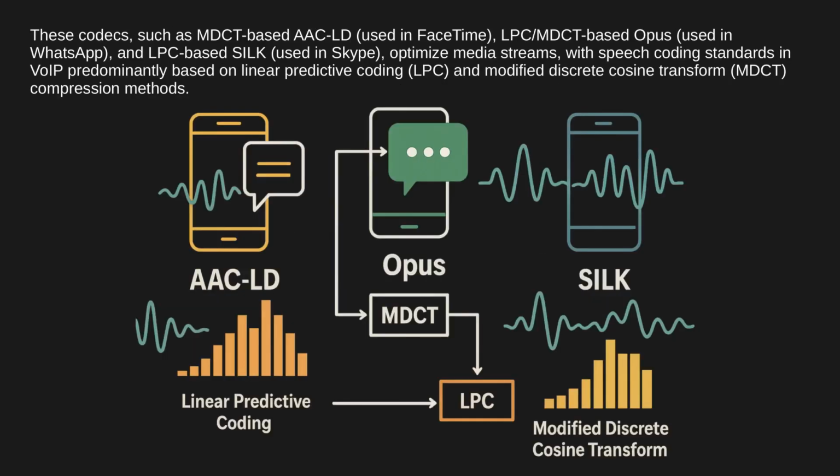These codecs, such as MDCT-based AAC-LD used in FaceTime, LPC MDCT-based Opus used in WhatsApp, and LPC-based Silk used in Skype, optimize media streams with speech coding standards in VoIP, predominantly based on linear predictive coding, LPC, and modified discrete cosine transform, MDCT compression methods.